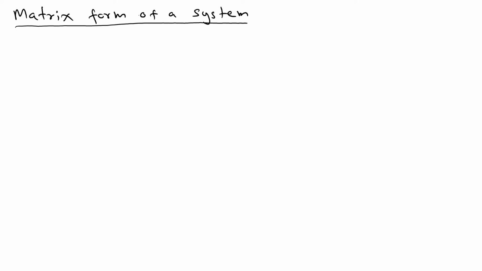The matrix form of a system. So you're going to define a vector. Let x, A, and f, which are all functions of t, be given by the following.